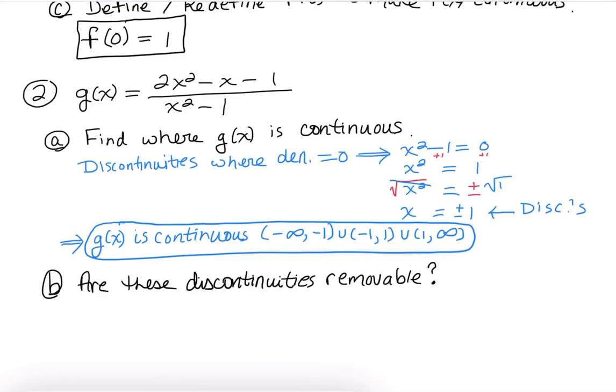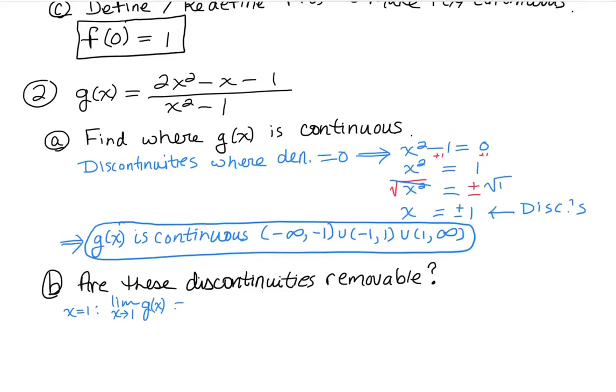So let's investigate what's happening at x equals 1 by looking at the limit as x approaches 1 of that function g of x up above.